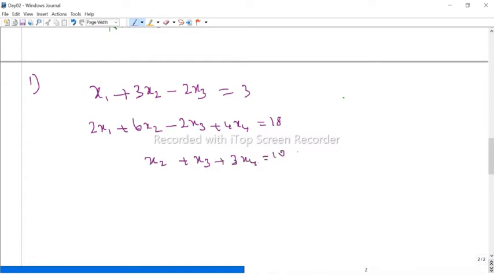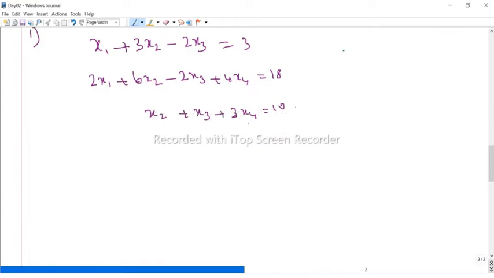So there are 4 unknowns, x1, x2, x3, x4, and 3 equations. Therefore, if you transform this into a matrix equation, we have to write the coefficients.